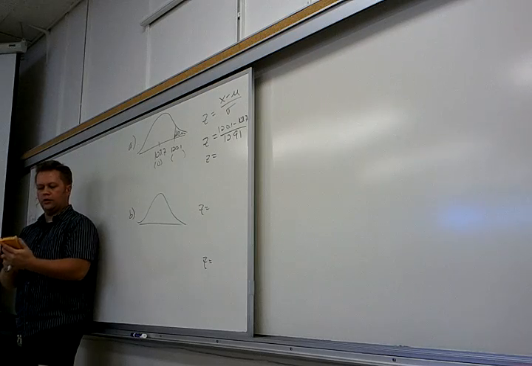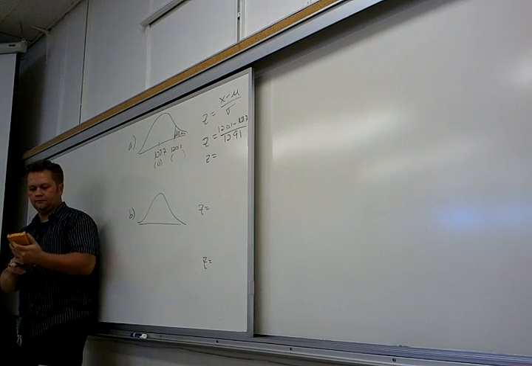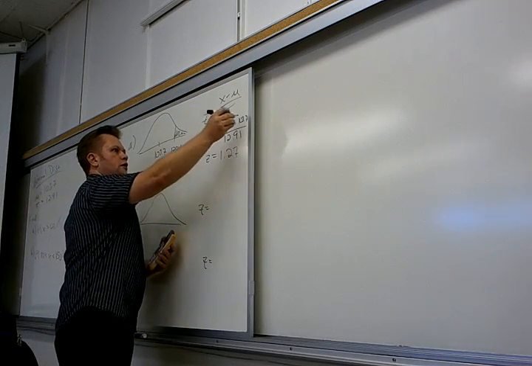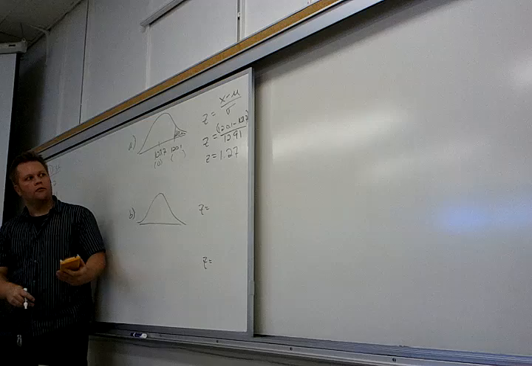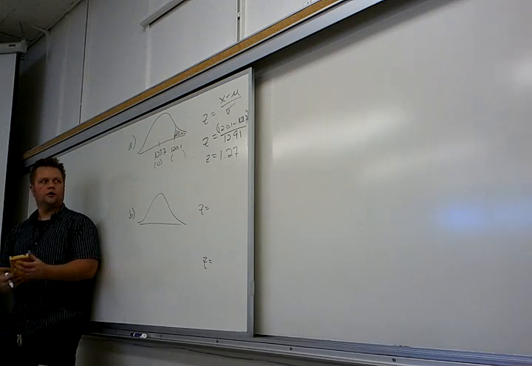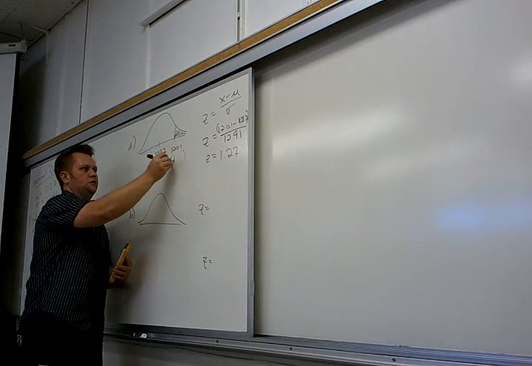Yeah, I get 1.27. So make sure when you put it in the calculator, put the parentheses around there. So 1.27, that's my z-score.